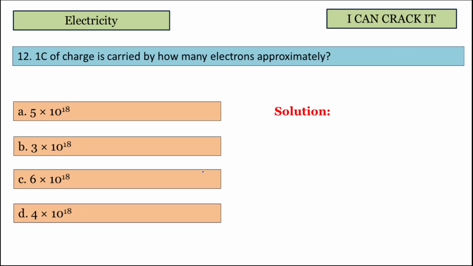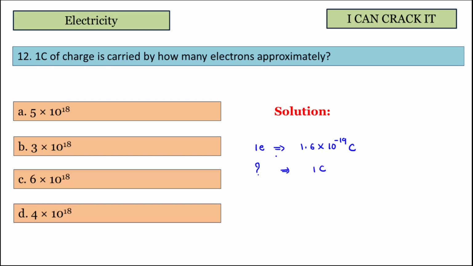1 coulomb of charge is carried by how many electrons approximately? So this one electron carries how much charge? It carries 1.6 into 10 raised to minus 19 coulomb. Now, how many electrons will make 1 coulomb of charge?